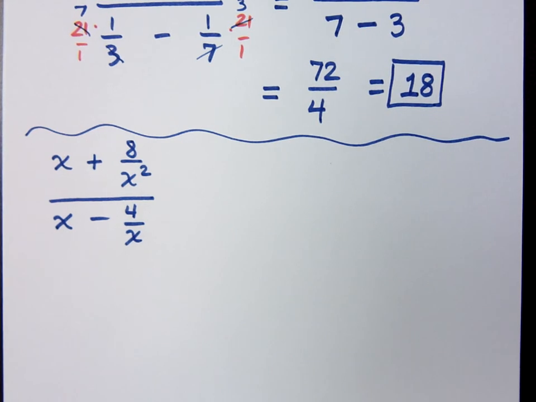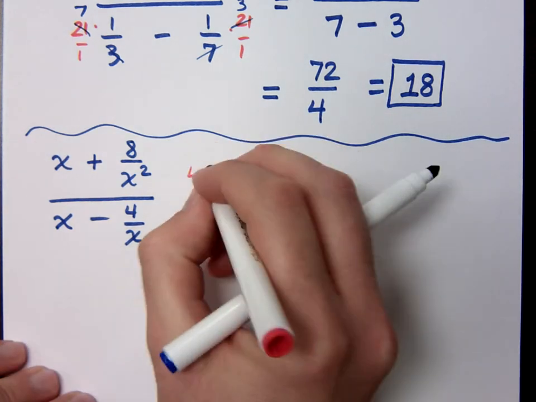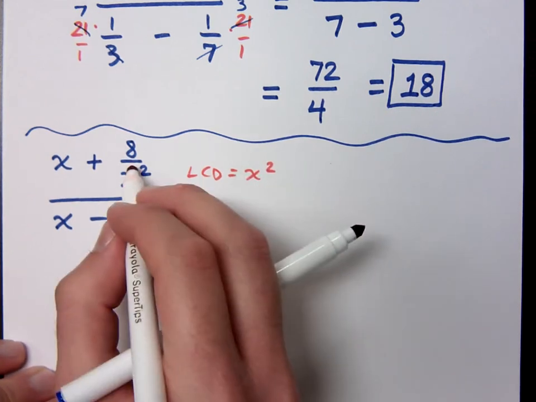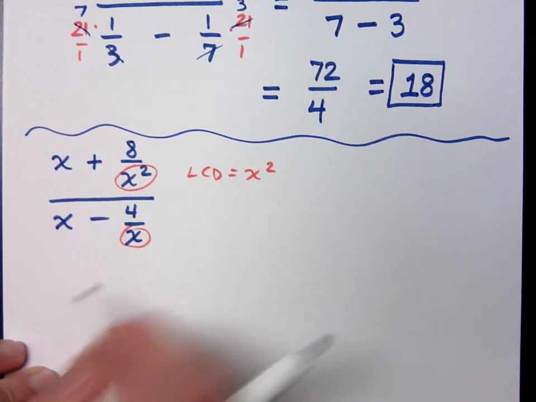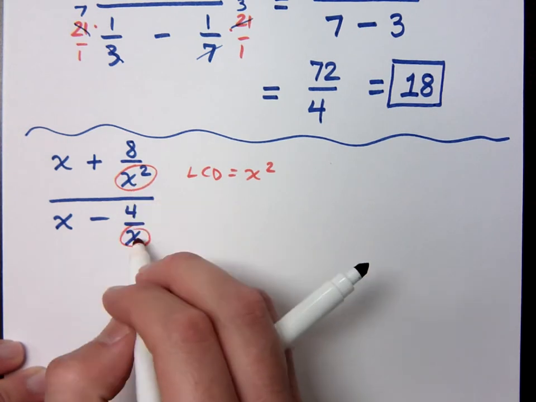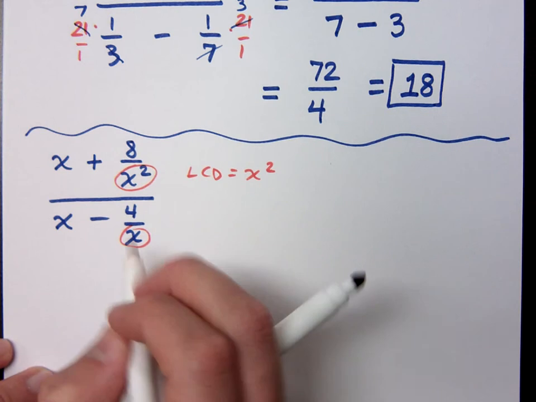Common factor of x? No. You can find the LCD. What's the LCD here? X squared. The LCD is x squared. The only denominators you have are these guys right here. And x squared contains x, so that's going to be a common denominator for us.